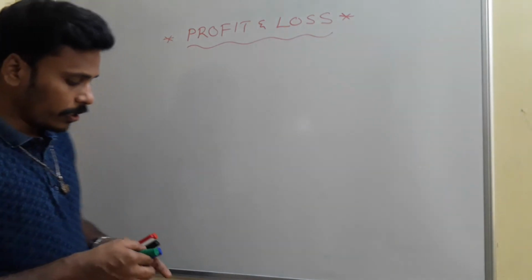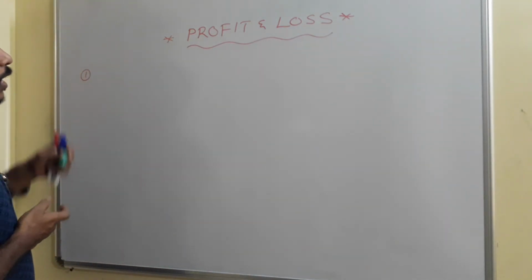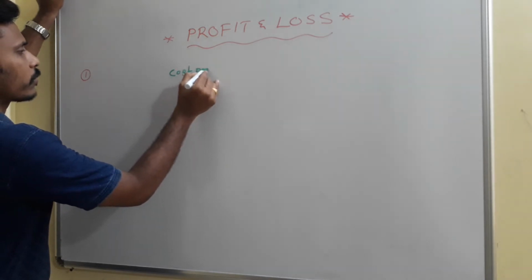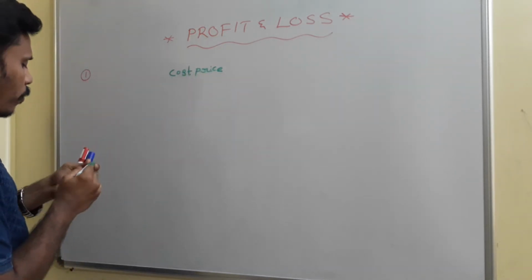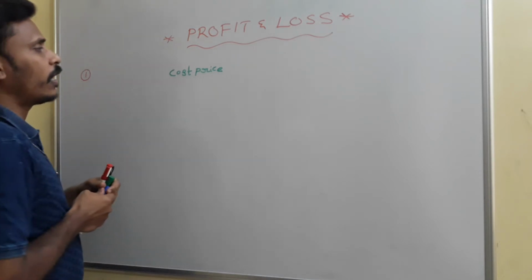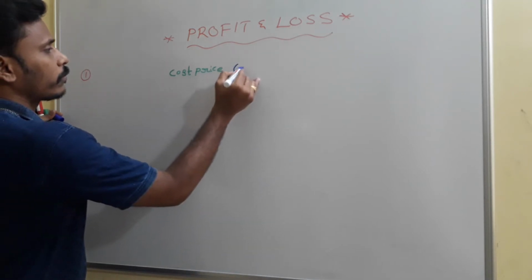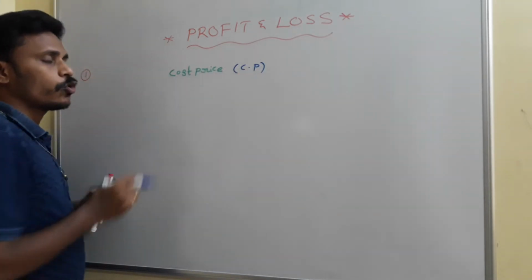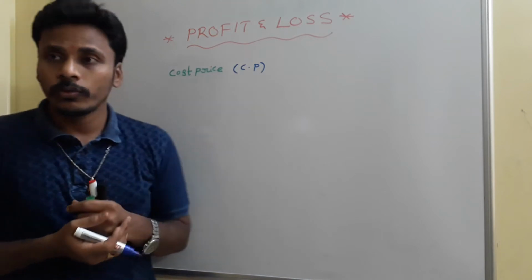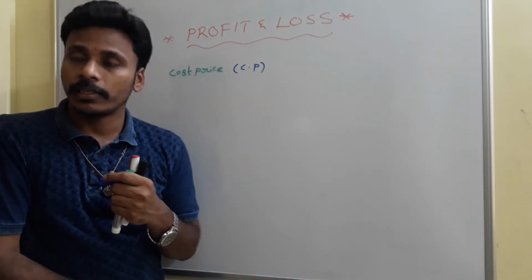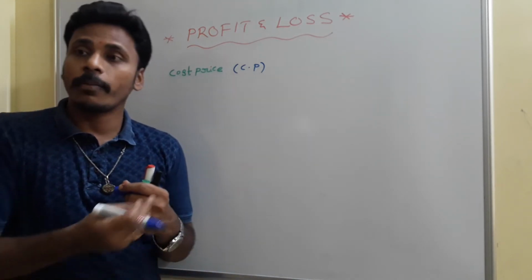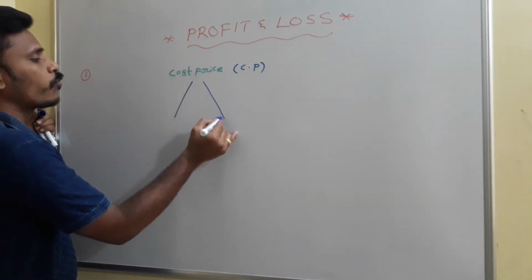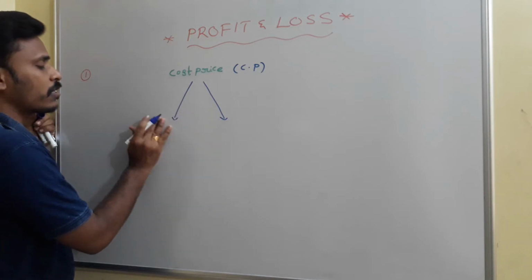This total scenario I can explain here. Initially, cost price. Cost price is usually considered as CP. I will buy an object with an amount, and that amount is the cost price. Then I will sell it to another person by adding some amount or by subtracting some amount, depending upon the demand of the object and the circumstances in the society.